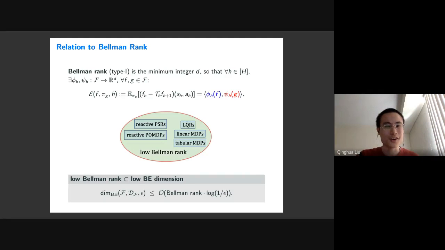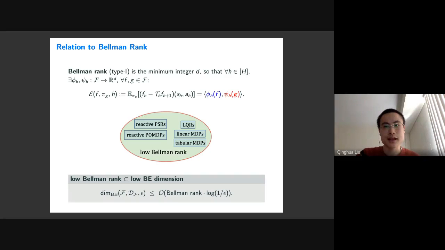We can show that any problem that has low Bellman rank also has low BE dimension. I will just call it BE dimension instead of Bellman Eluder Dimension. We show the BE dimension with distribution class D_F, which contains all the roll-in distributions produced by greedy policies, will always be upper bounded by the Bellman rank multiplied by some logarithmic factor.